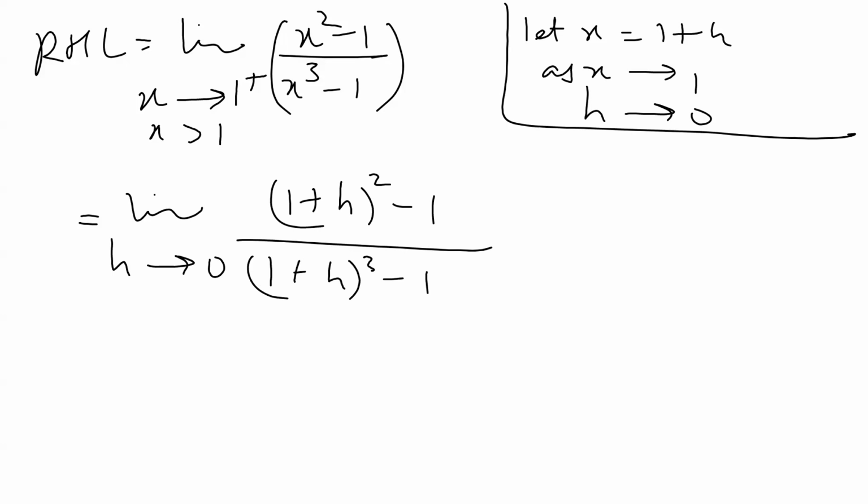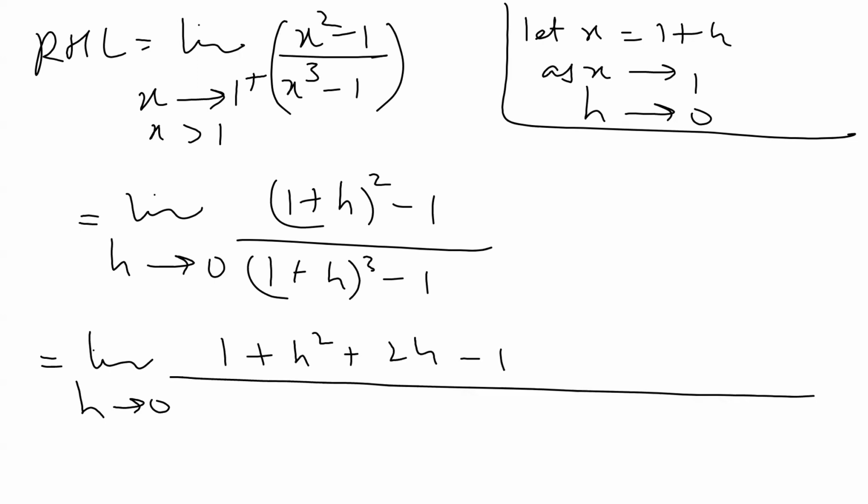Now (a plus b) the whole square is a square plus b square plus 2ab, and (a plus b) the whole cube is a cube plus 3a square b plus 3ab square plus b cube. So the 1 and 1 are gone. We'll take h common in the numerator.